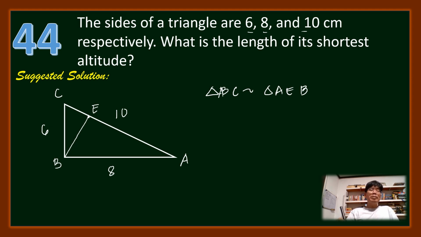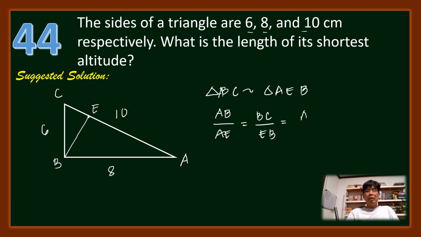Notice that EB is the shortest altitude, as what is required in the problem. So from this similarity, we can have the relationship AB over AE is equal to BC over EB.